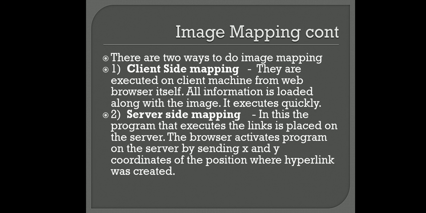Now, what is the client side in image mapping? Take the example of a client machine, where the client sends a request and the server sends a response. The client uploads the web page to the server with the image and it executes quickly. After that, the server side responds, sending the image and placing it on the server for further use.